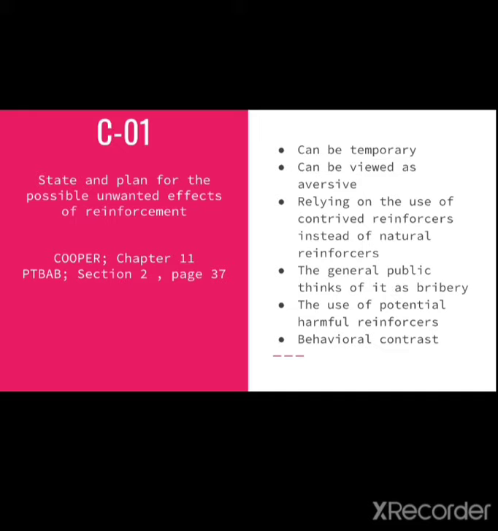Also, the general public thinks of it as bribery. It's not bribery. Bribery usually comes before something needs to get done, and then reinforcement usually comes after as a consequence. Also, the use of potentially harmful reinforcers, like I mentioned, a lollipop, can be harmful to individuals.